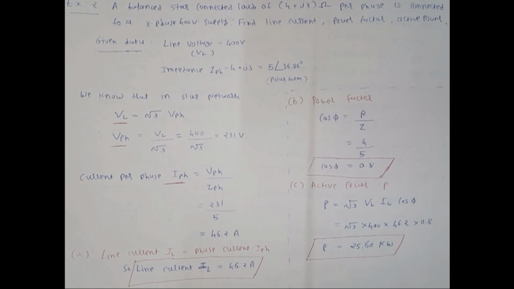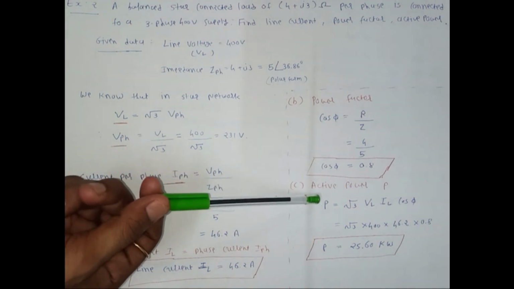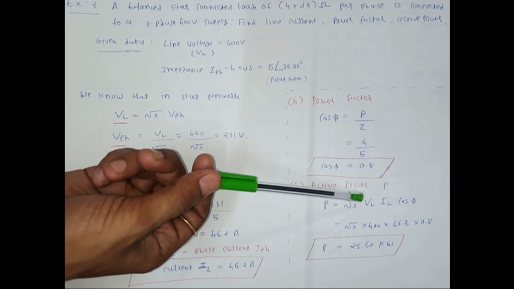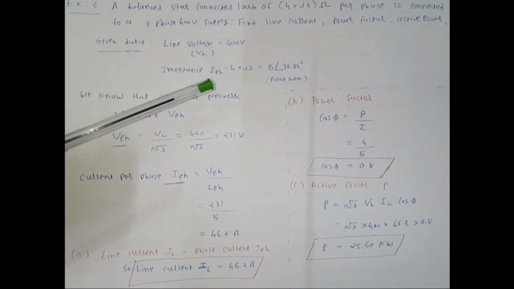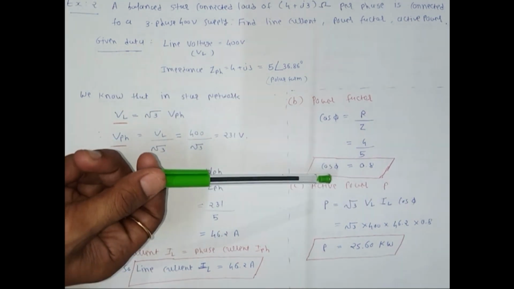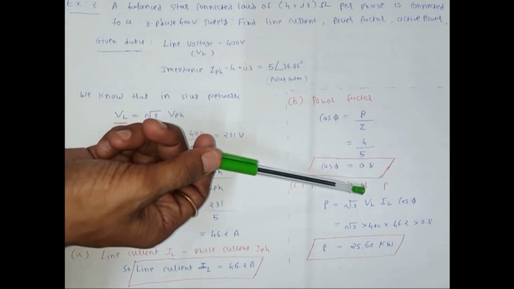Now the third parameter, active power. So what is active power? Active power is the total power, equal to root 3 VL IL cos phi. We have both parameters, VL and IL.